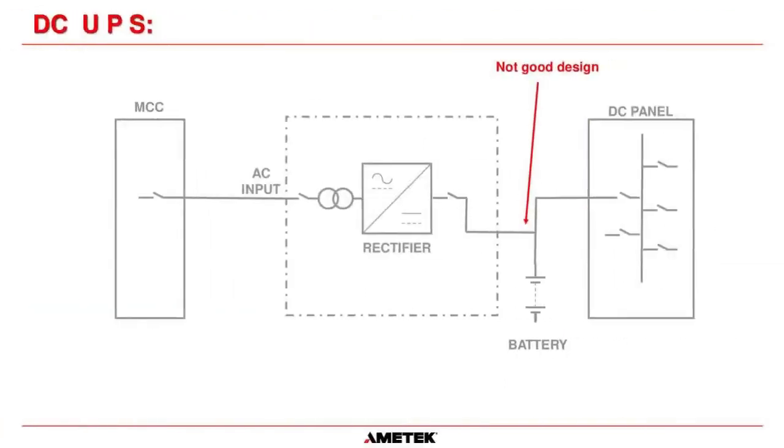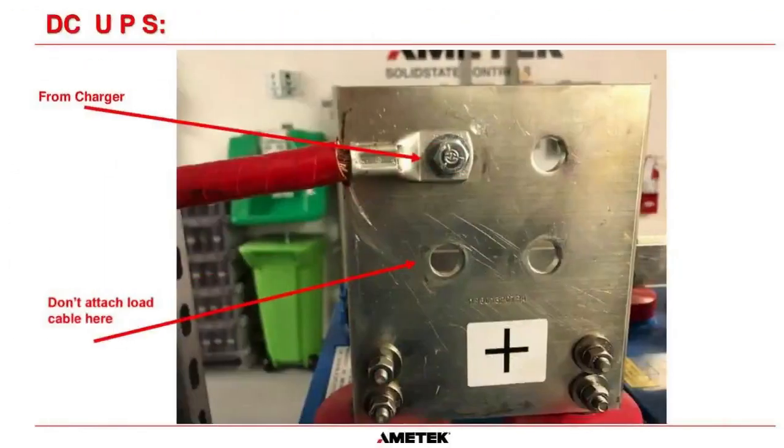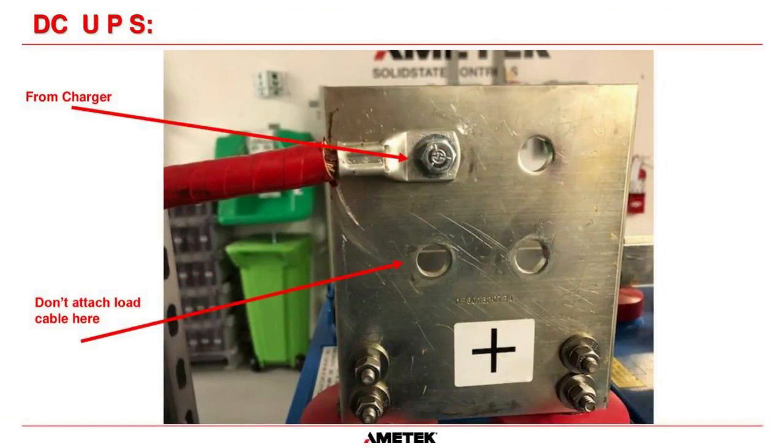And the other one that's not a good design is if you connect the load cables and the battery cables at the battery itself. Another example of this is here. The top cable on this picture is from the charger, supplying power to the battery.